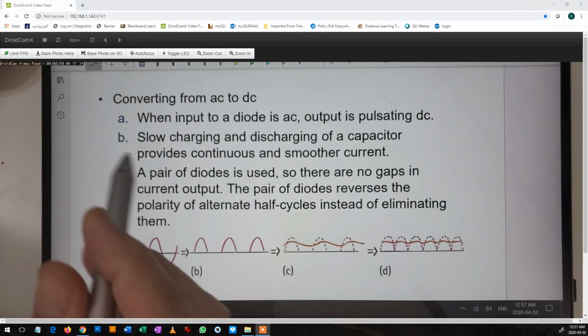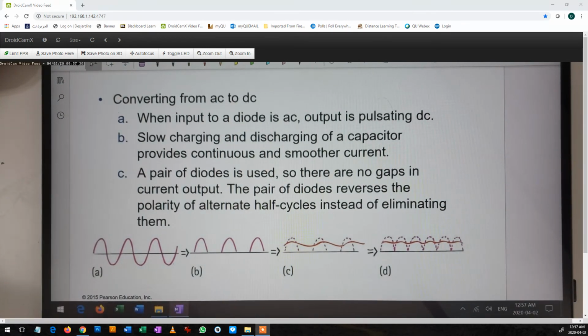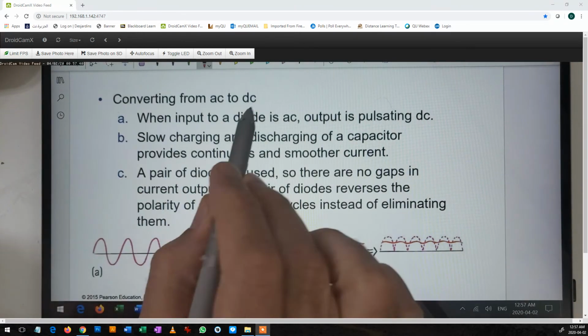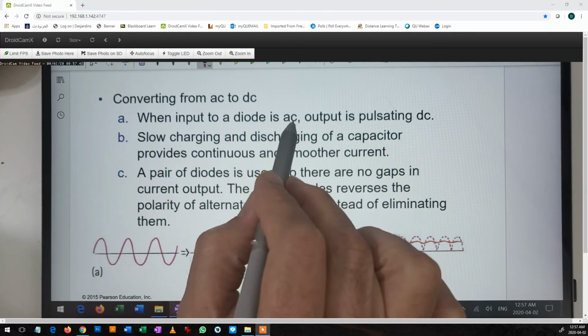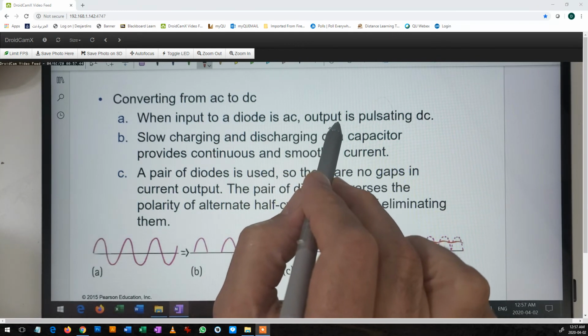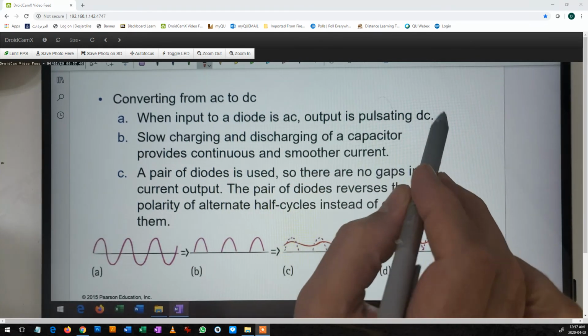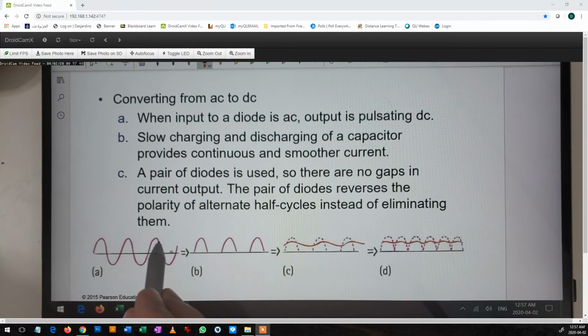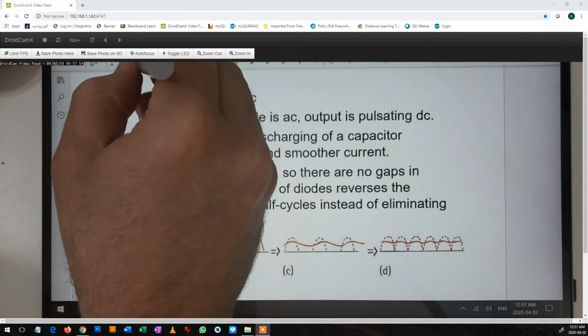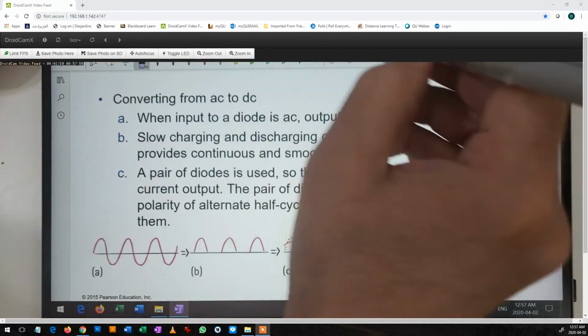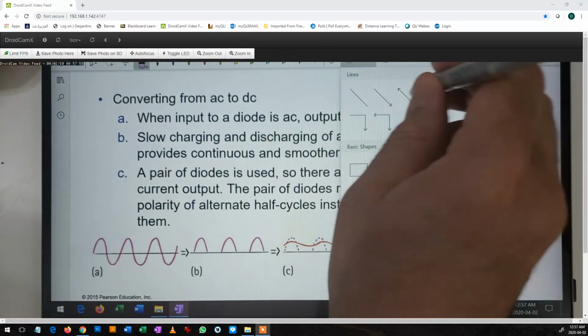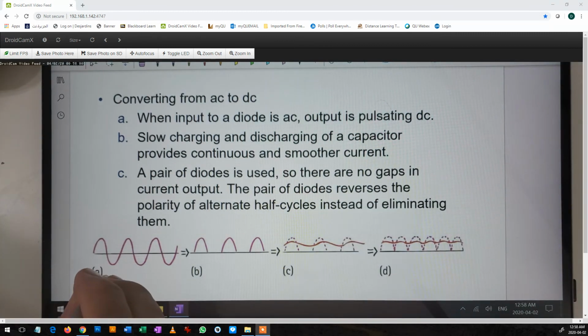Now let's see the process. When the input to a diode is AC, the output is pulsating DC. This is the input. I can't draw an arrow, but here is the arrow, this is the input.